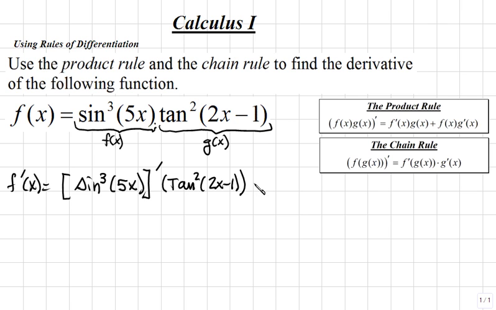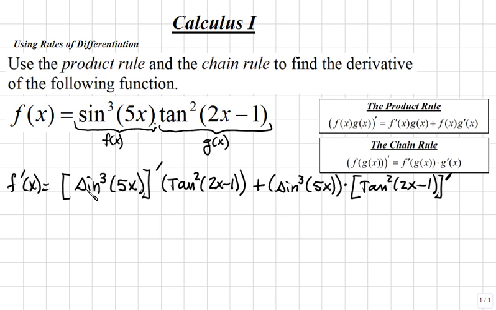From the product rule, we'll add to this f of x, which will be our sine cubed of 5x, multiplied by the derivative of g of x, which we'll write as bracket tangent squared of 2x minus 1 that we're finding the derivative of by writing a prime symbol.